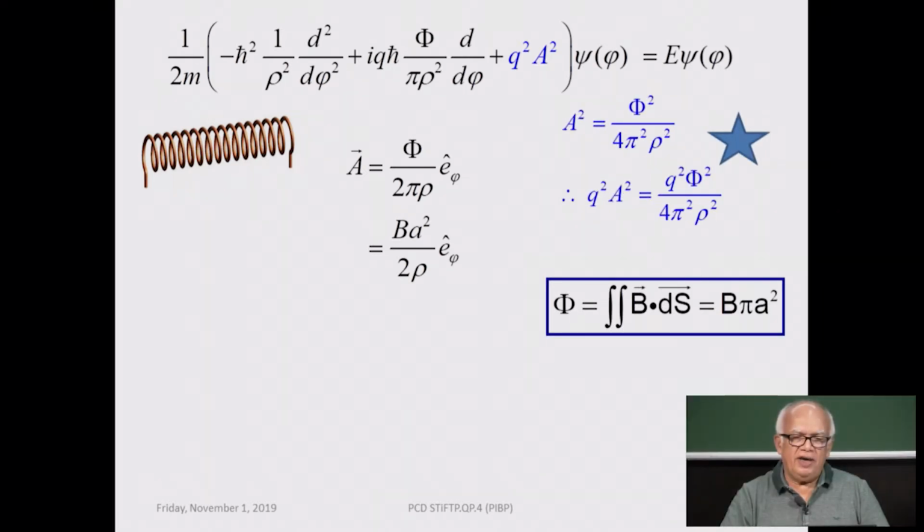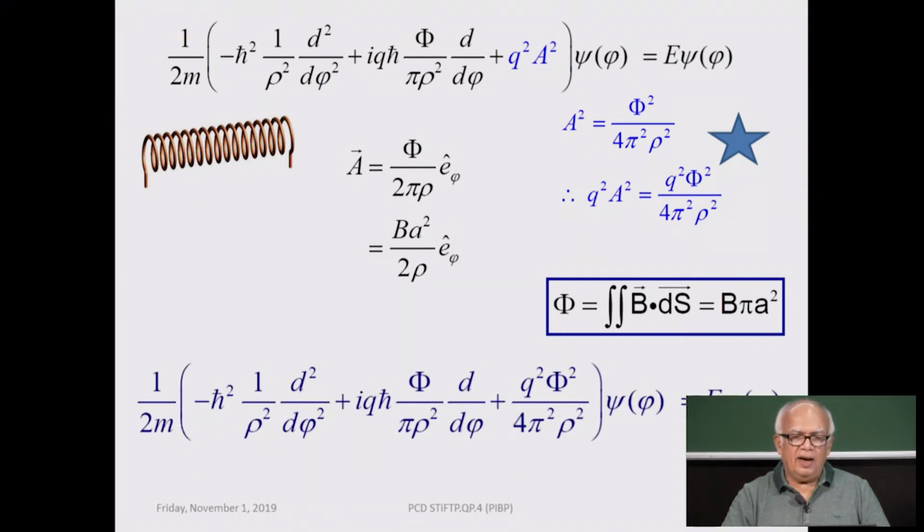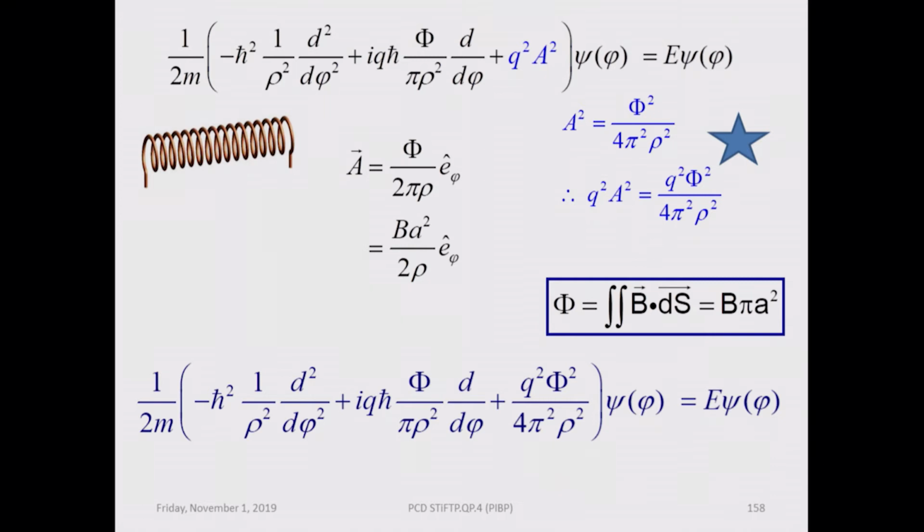So, once you have A, you need the last term which requires A square. That comes out as phi square, and you put everything in terms of the flux now, and you have got the Schrodinger equation written in terms of the magnetic flux.